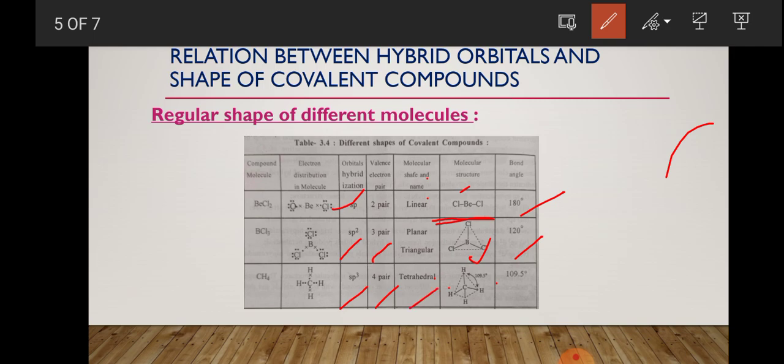Look here, the tetrahedral structure of methane, and the angle between hydrogen carbon hydrogen is 109.5 degree.